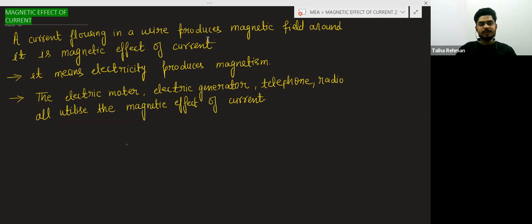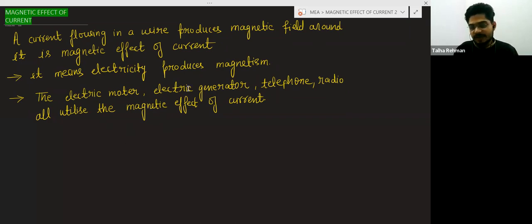A current flowing in a wire produces a magnetic field around it, and this is called the magnetic effect of current. It means electricity produces magnetism.